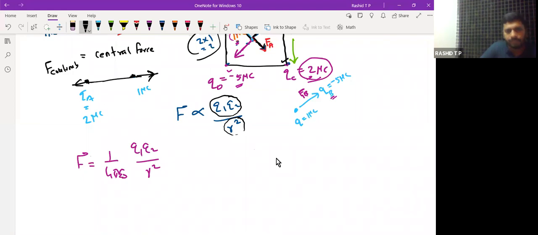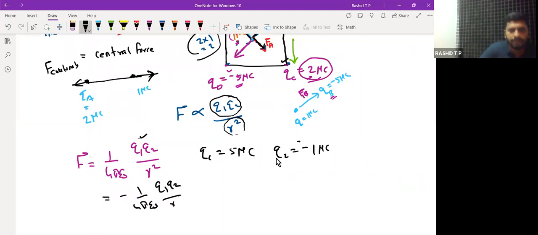Some people, if Q1 is equal to 5 microcoulomb and Q2 is equal to minus 1 microcoulomb, will substitute this minus in the expression. Then they will get finally minus 1 by 4 pi epsilon 0 Q1 Q2 divided by R square. While doing these problems, first you have to decide the direction of the force by looking at the sign of the charge.